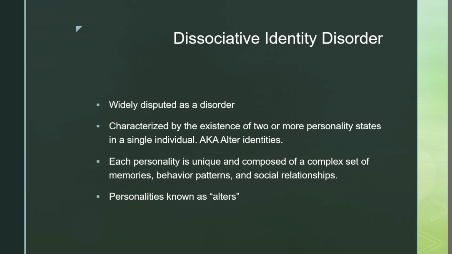So each personality is unique and composed of a complex set of memories, behavior patterns, and social relationships, where you might have one person that is named one name and is shy, and then you have another one of these personalities that's outgoing or boisterous. The personalities are known as alters.